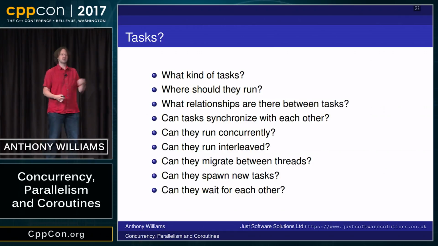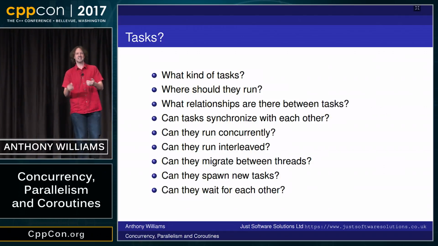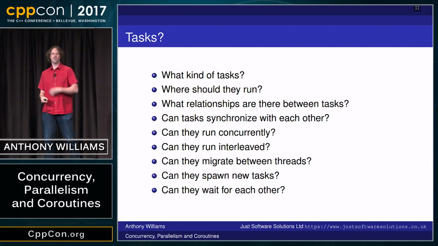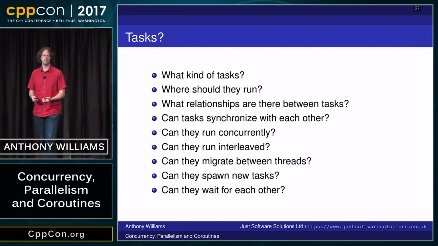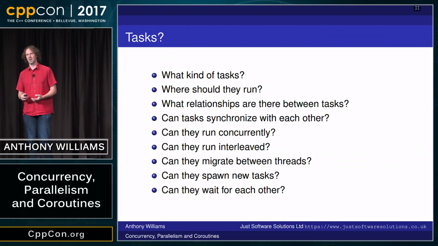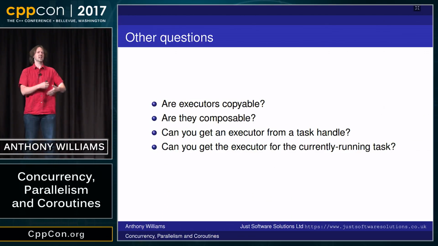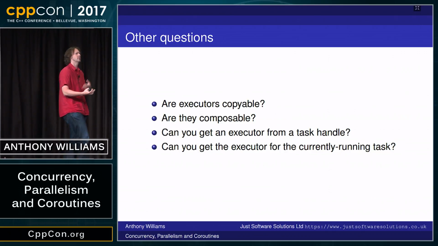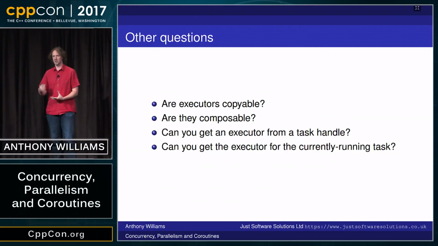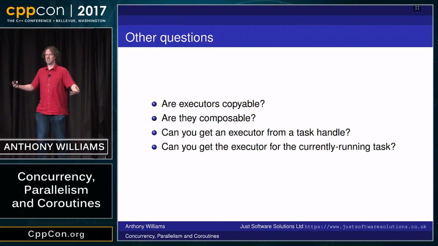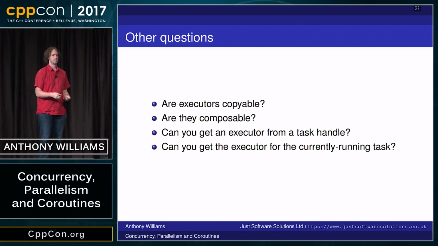And we want to allow as many yes and no answers to all these questions as possible without fundamentally compromising our framework. And then we have other questions. Can an executor be copyable? What would that mean? Are they composable? Can you somehow build a composite executor out of individual parts?